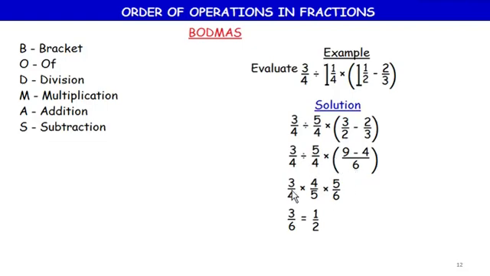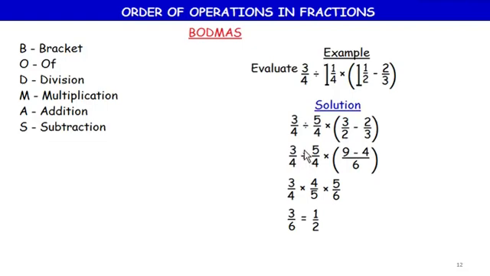So let's move on. Now what is 9 minus 4? It is 5. So the result of the bracket is 5 over 6. So we are going to have 3 over 4 divided by 5 over 4 times 5 over 6. Now when we get here, that is where we apply our principles of division.